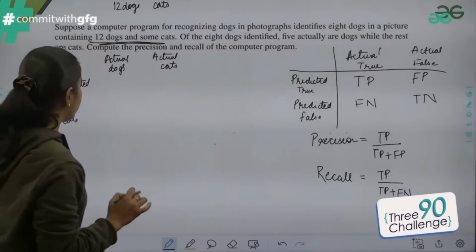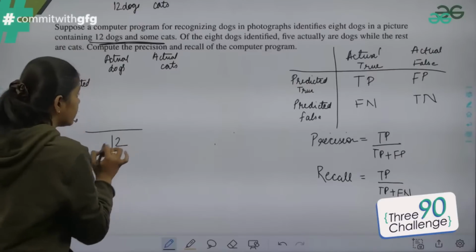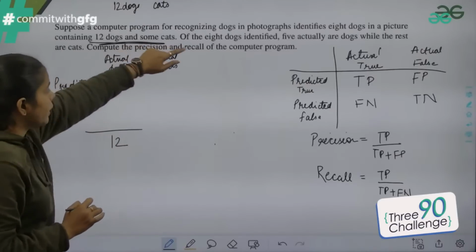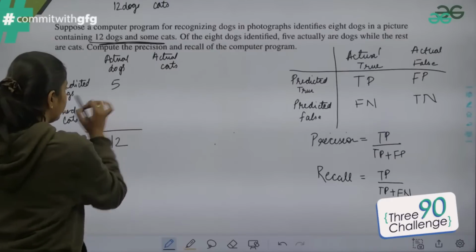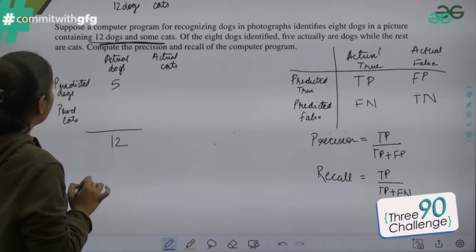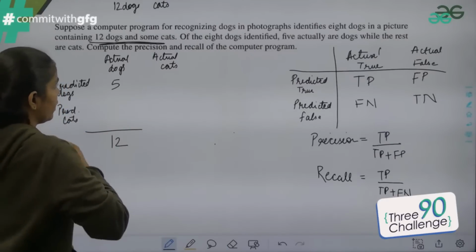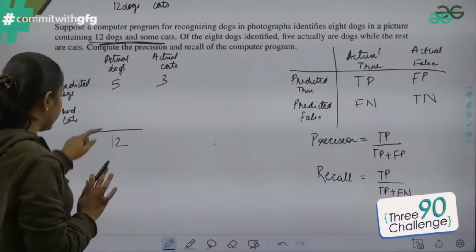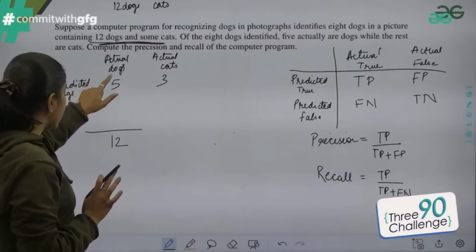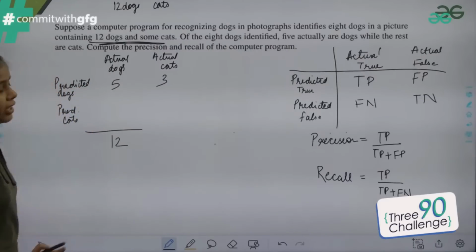So I can see that actually there are 12 dogs. Out of the 8 dogs, they have identified 5 are actually dogs, while the rest are cats, which they have identified incorrectly. And because of this, actual dogs predicted are 5. And what would be the predicted cats? How many have they predicted wrong?